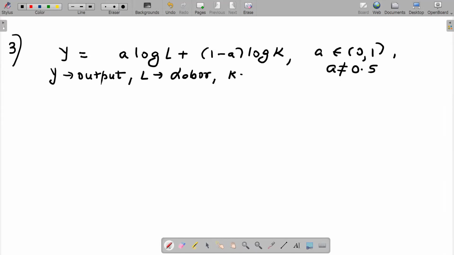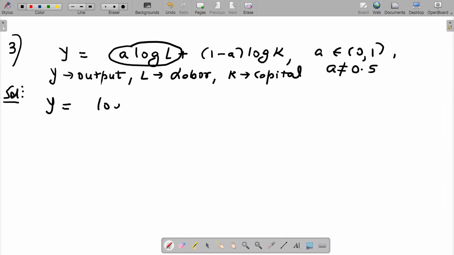I am just writing it for clarity. So I can write this as follows. Using properties of logs, a log L, I can write as log L to the power a, and 1 minus a log k, I can write as log k to the power 1 minus a.